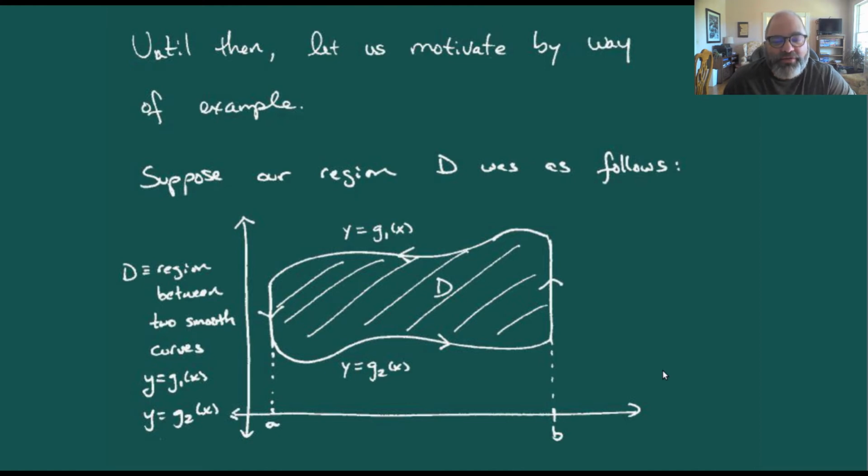So until then, let's motivate this by way of an example. Suppose that we've got our region D, and we're going to start off with a simple characterization of that: D is going to be the region between two smooth curves, g1 on top and g2 on the bottom, and the left and right are bounded by vertical lines.